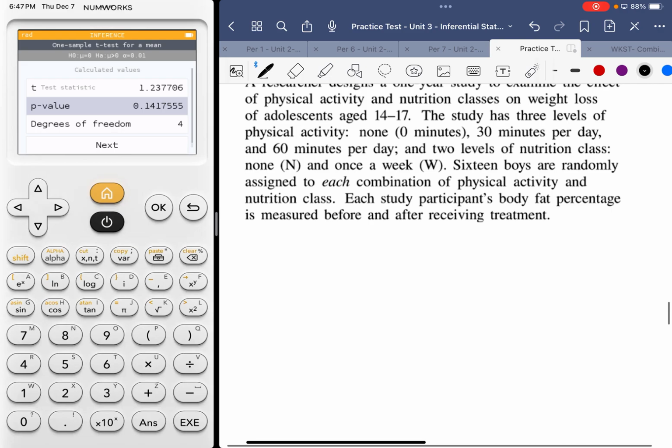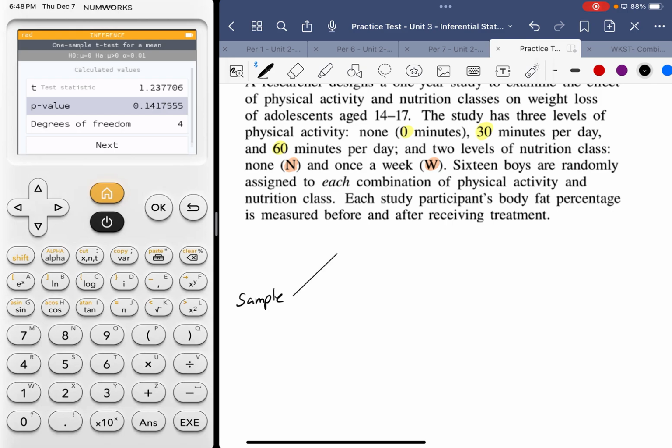We have none, 30 minutes, and 60 minutes. I'm just going to use the numbers as my labels, 30 and 60. And then we have the N group and the W group. So what's happening here is you have your sample. That sample is going to be broken up, and you can decide which way you want to break it up first, by time, then by whether or not they're taking a class, or vice versa. But I'll do it by time.